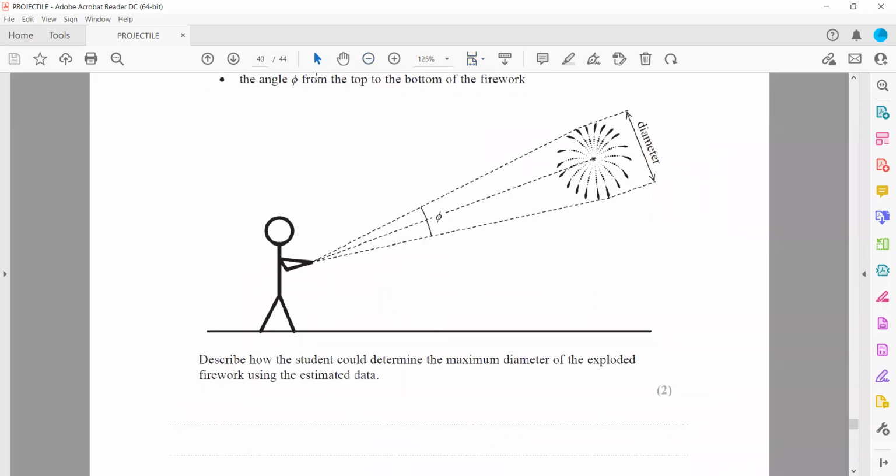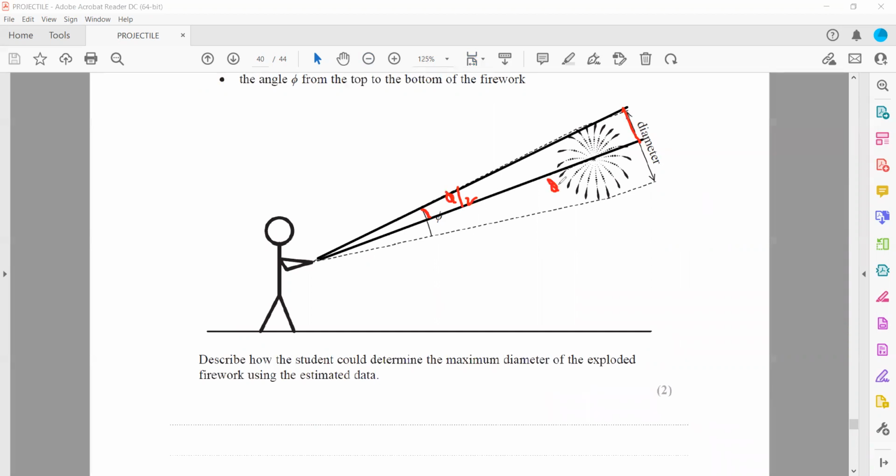If the student can determine this distance and phi is known, then taking half of phi, we can consider this as a right angle triangle with hypotenuse, perpendicular, and base. So this angle will be phi by 2.